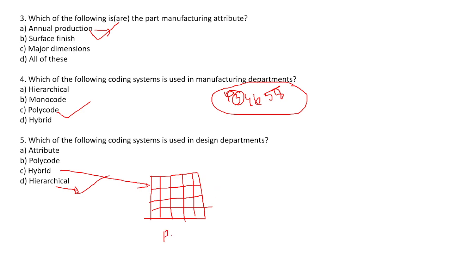So basically we can denote it as a polycode. Those are the representations of hierarchical.